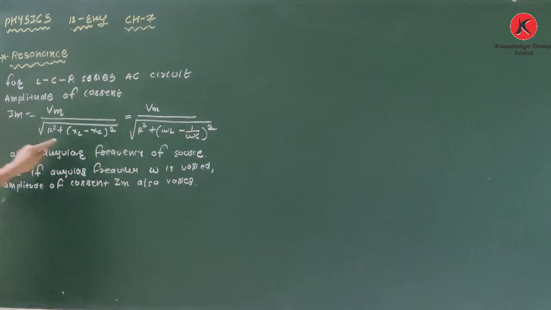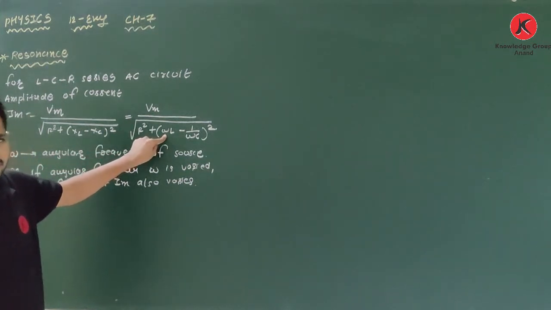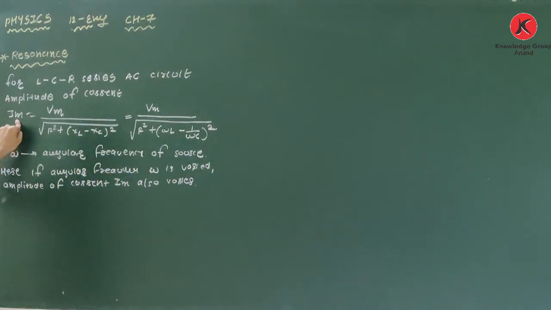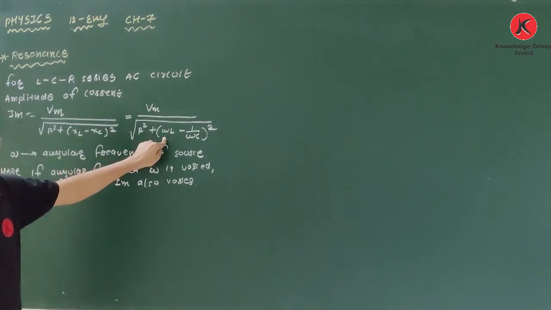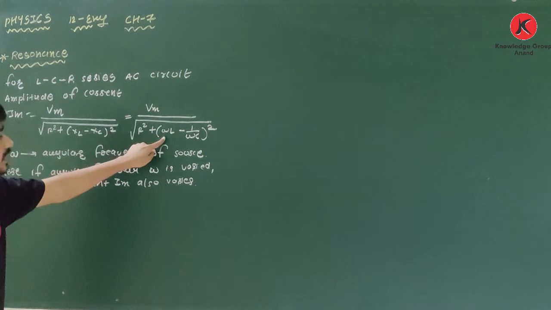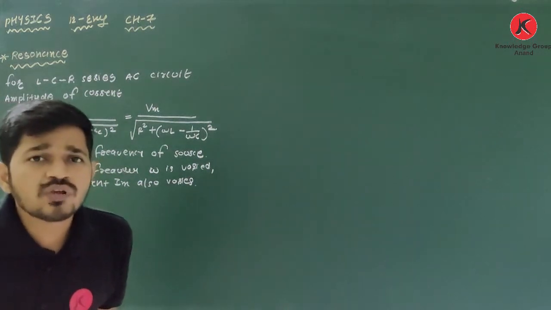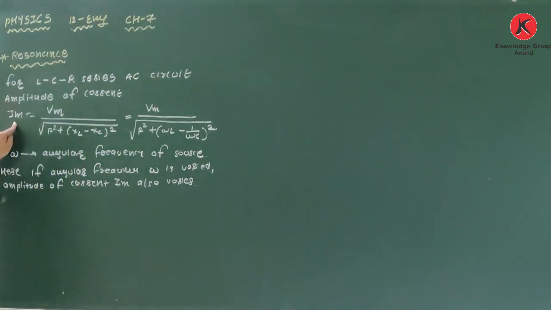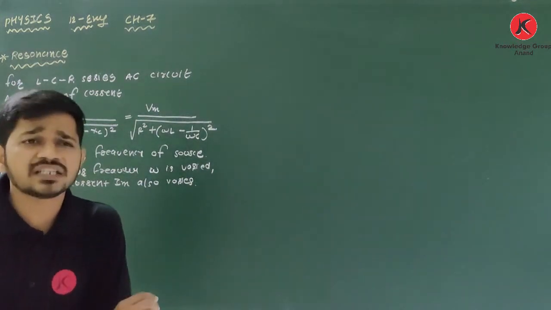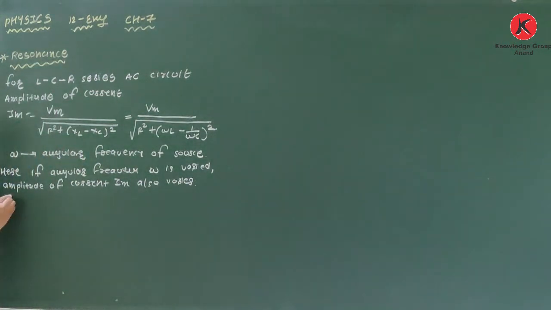If you take different values of omega, you will get different values of Im. So it is one experiment: you take different values of omega and find Im. Then at some particular value of omega, you will find this current maximum.